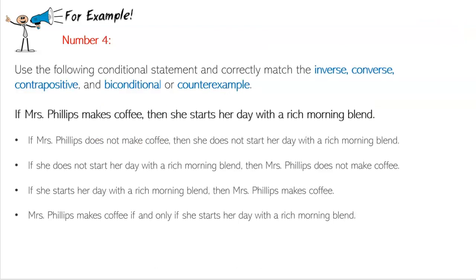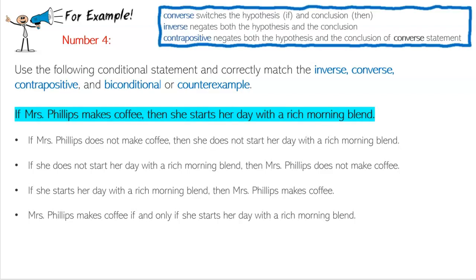Now we want to do the inverse, converse, contrapositive, biconditional, or counterexample. So we have all of these. Here's the definition of them. The converse, you're going to take your statement and switch the if and the then. So if Mrs. Phillips starts her day with a rich morning blend, then she makes coffee.